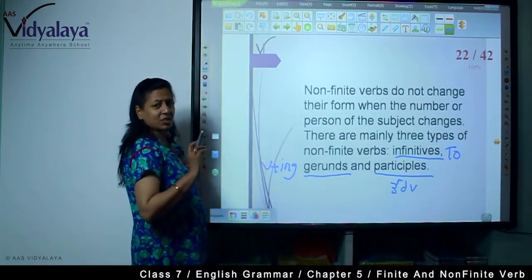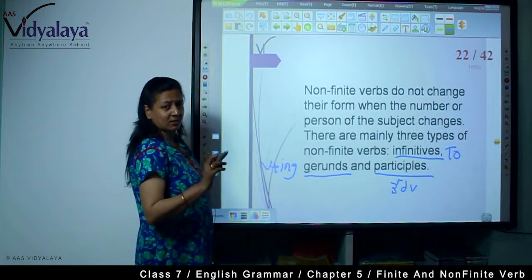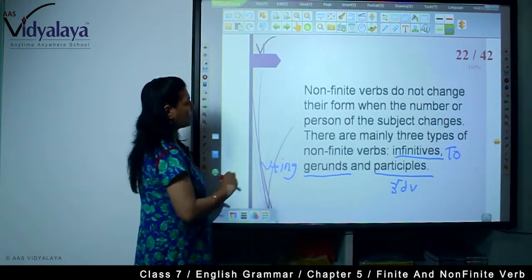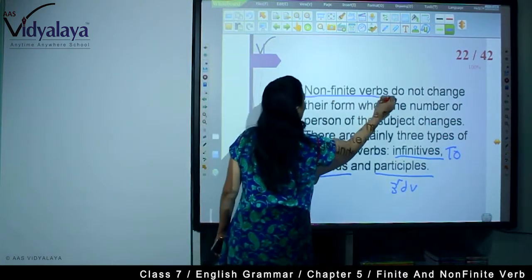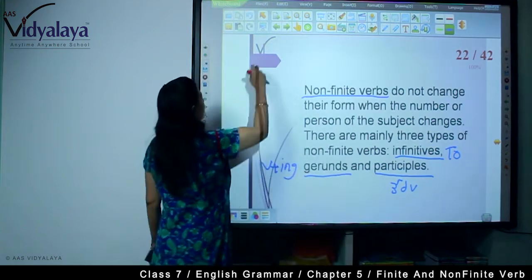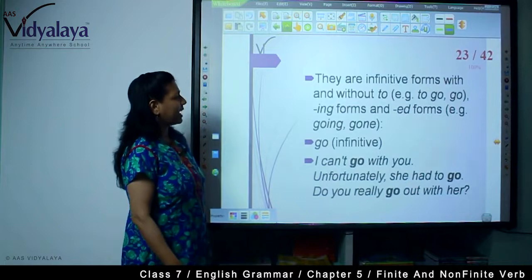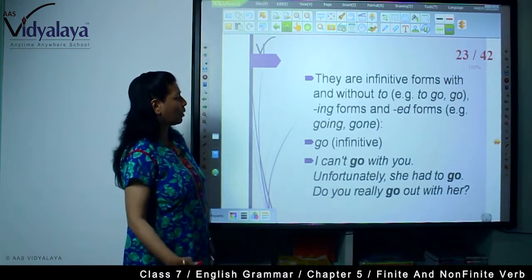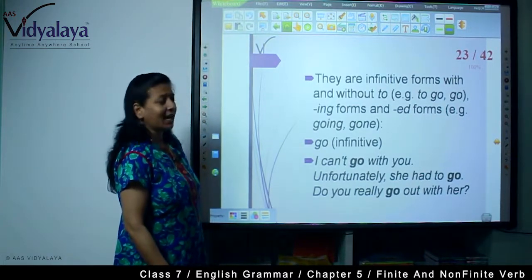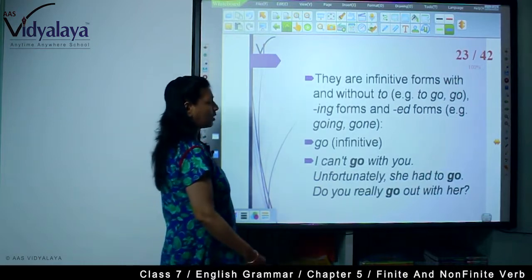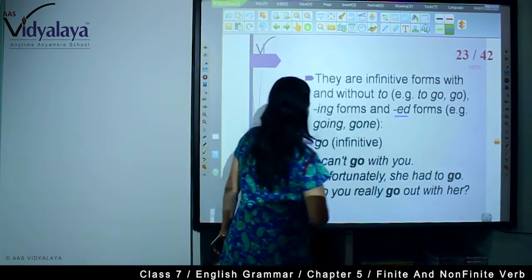So they never change according to the person or the number. That's why they are non-finite verbs. They are infinitive forms with and without to. Example, to go, ing forms and ed forms. This is going, gone. These are participle forms.